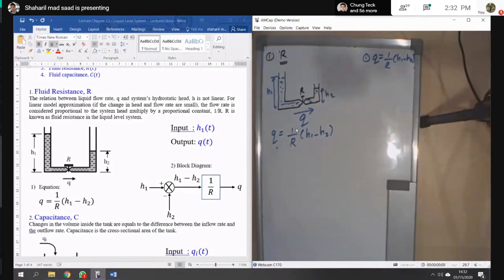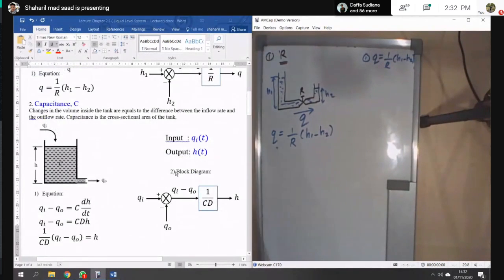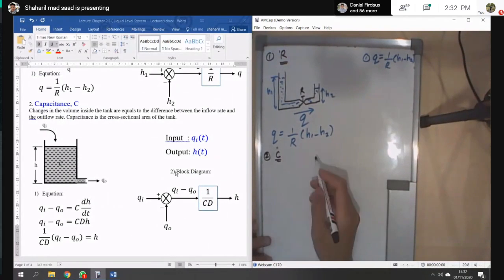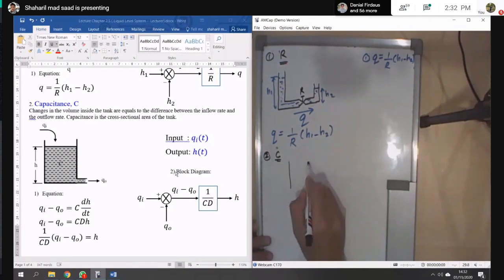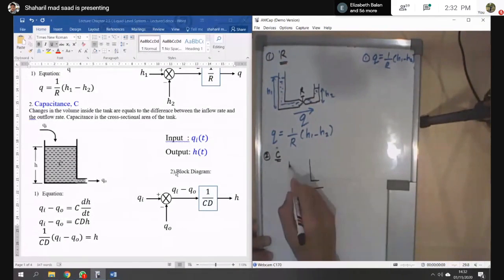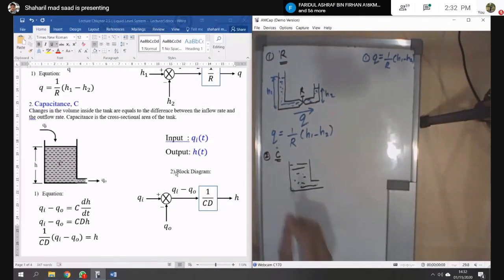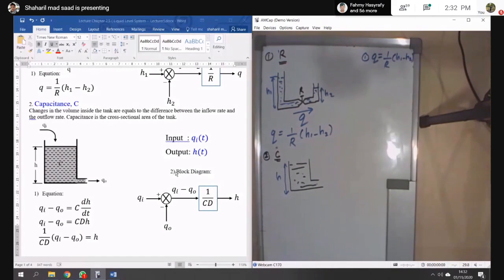So for the block diagram, you can see that. And then another one, you have the capacitance. So you will have a certain H here, and this will be your capacitance C, the capacity of the water. This one is the Qi, and the result will be Q naught.